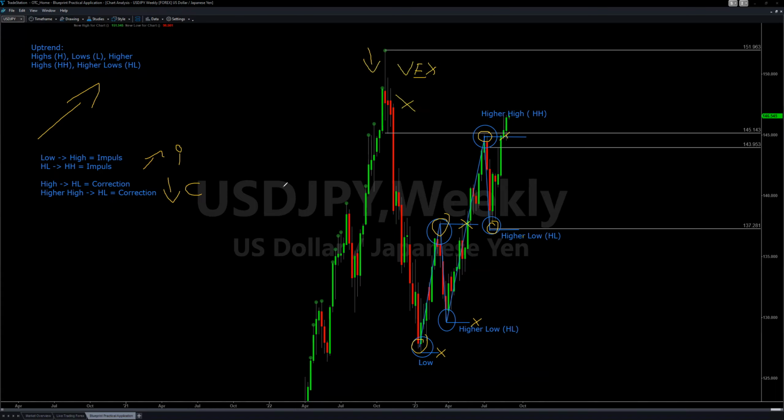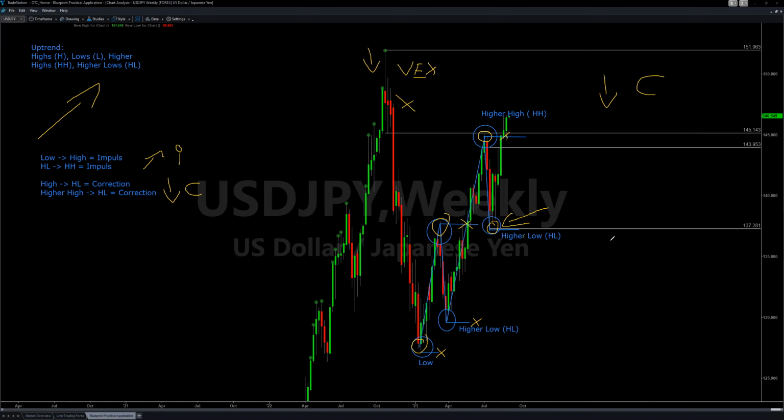Okay, that means we have also a profit margin. If we expect weakness here from this supply, then we trade only the correction. That means our profit margin will be this point, right? The higher low.